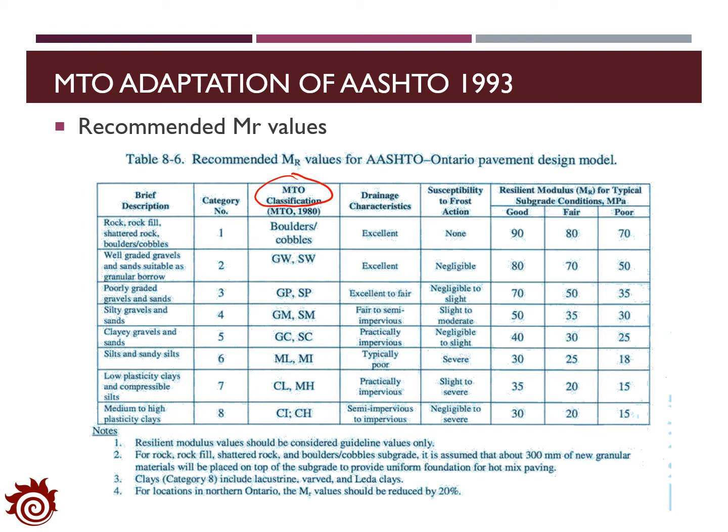Basically, for the low category number, the resilient modulus will be higher, and this kind of soil will have better drainage conditions, and they are less sensitive to frost action. In addition, the subgrade conditions are also categorized as good, fair, and poor based on the resilient modulus values.